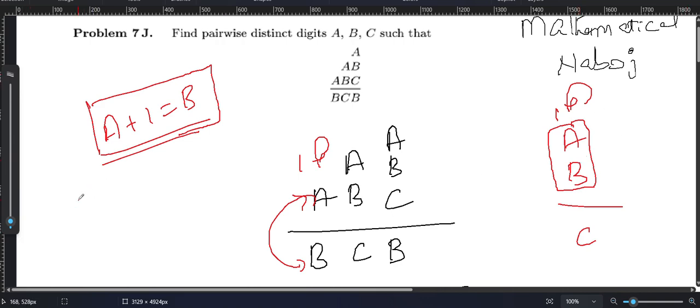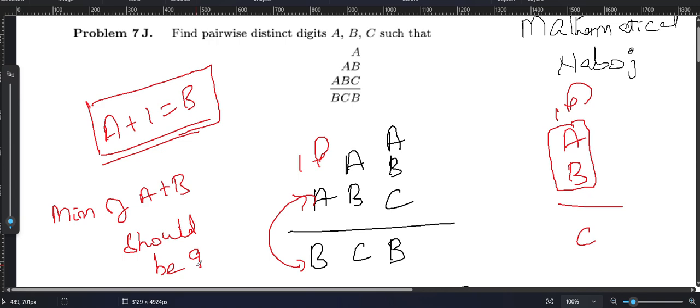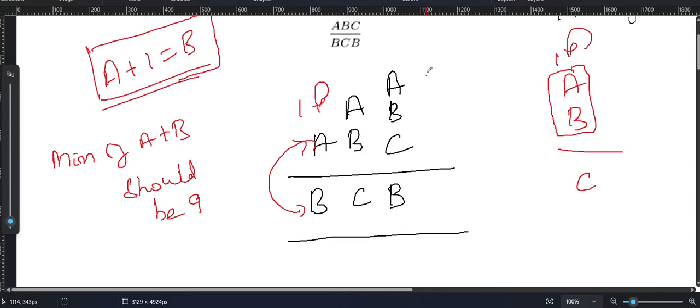So what I mean to say is that the minimum value of A plus B should be 9. So taking all these points into consideration, what are the possibilities? A and B can be 1 and 2, or they can be 2 and 3, 3 and 4, 5 and 6, 6 and 7.